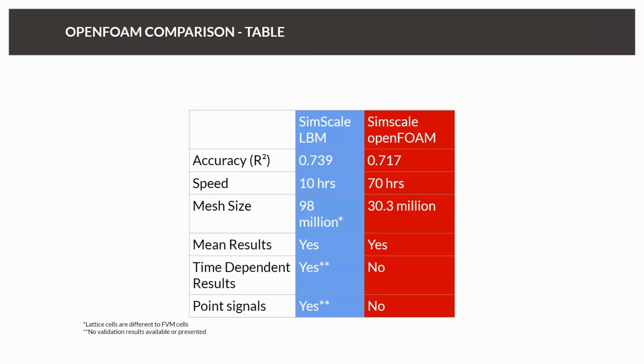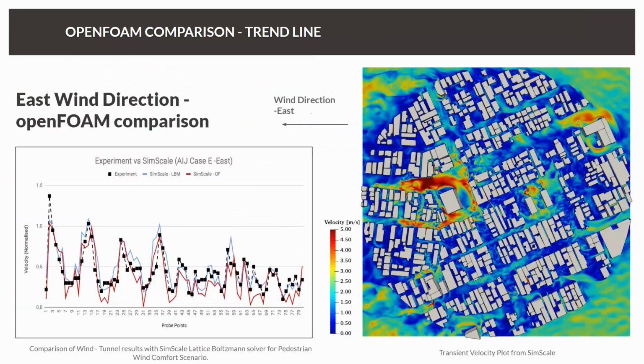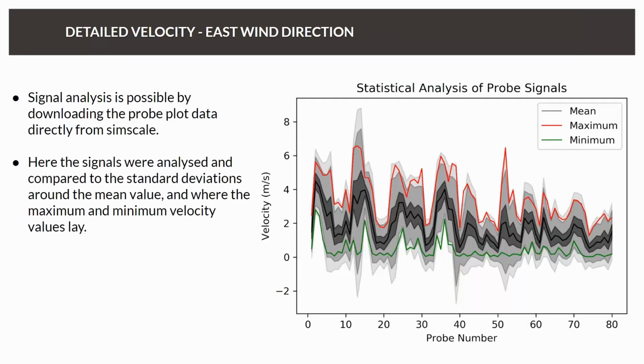So that's quite incredible in itself. But the other thing we can do is, instead of just getting the mean results, we can also get time-dependent results and point signals. And they are very useful, either if you're doing a signal analysis for the spectral frequencies, or if you just want to know, as before, the signal maximum and minimums.